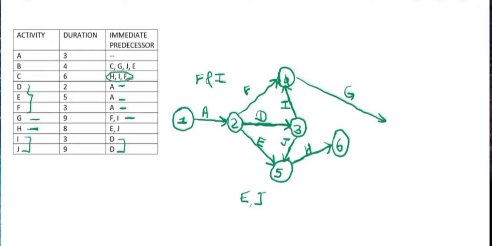Now as we can see that activity C has its immediate predecessor as H, I and F. So firstly we'll draw a dummy activity and connect it with the node 6.